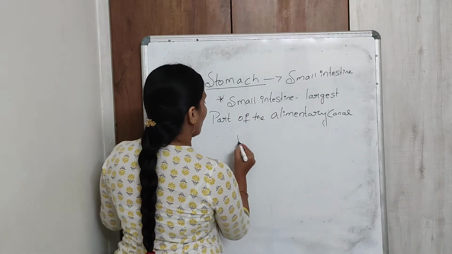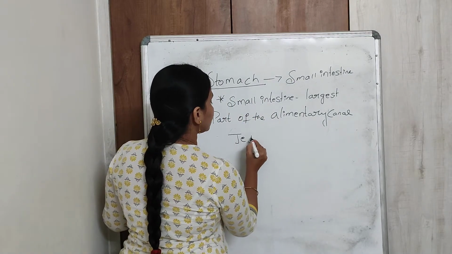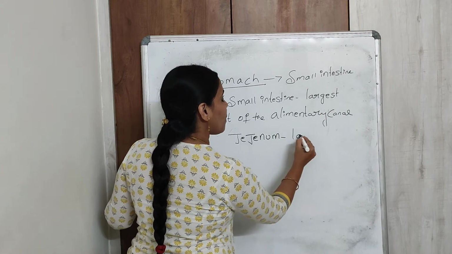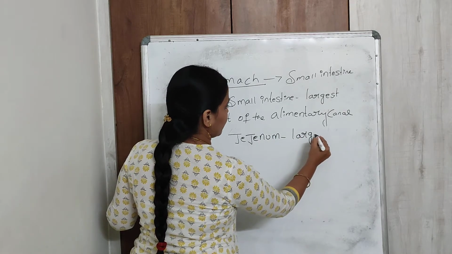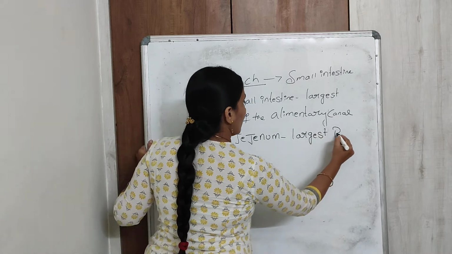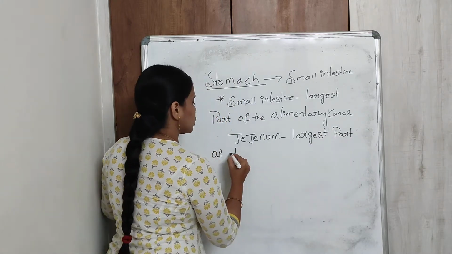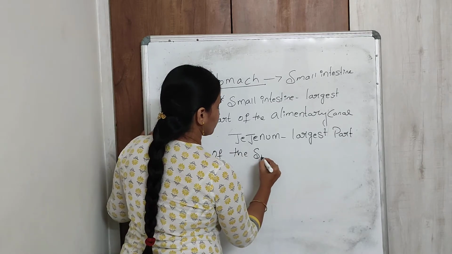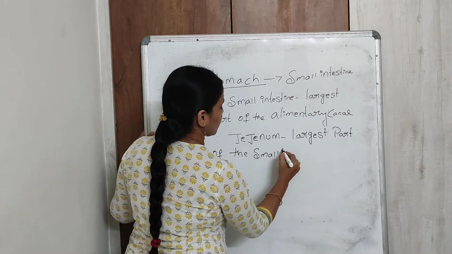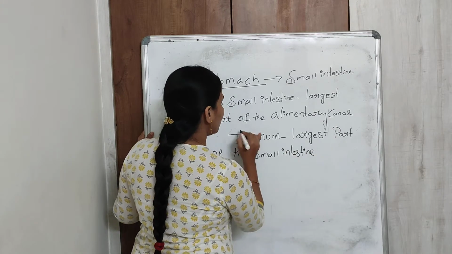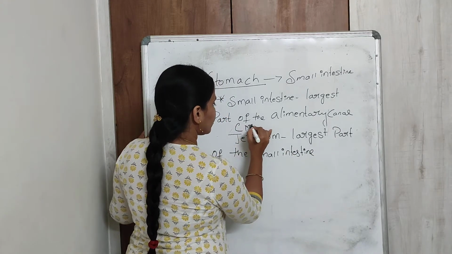The next part of the small intestine is the jejunum, and it is the largest part of the small intestine. This is the middle part, right?